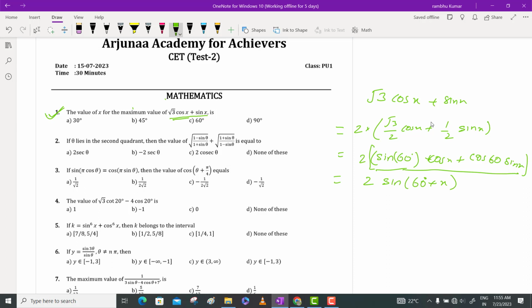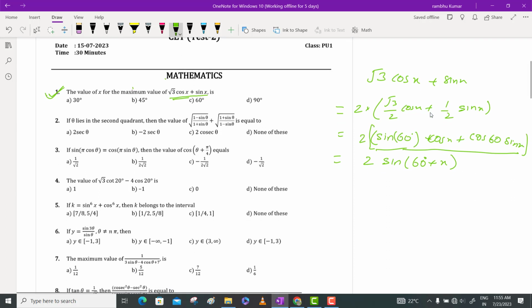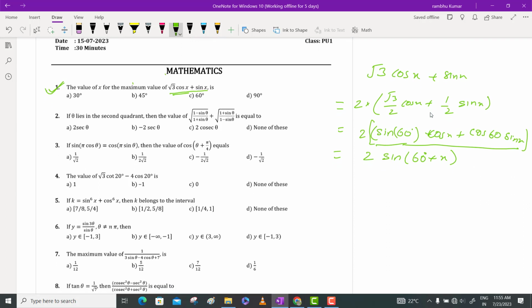Now coming to the next part of this problem. So here if you see, sin 60 plus x lies in between 1 and minus 1. Okay, I hope you are not getting confused with sin x. Sin x also lies between 1 and minus 1. So here if you change the theta, this x value, and x is nothing but input.